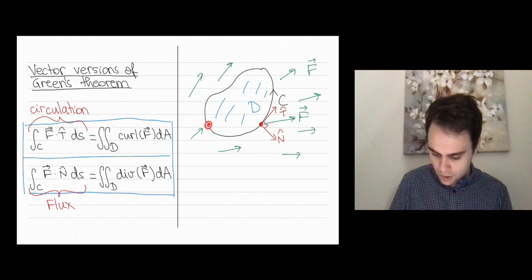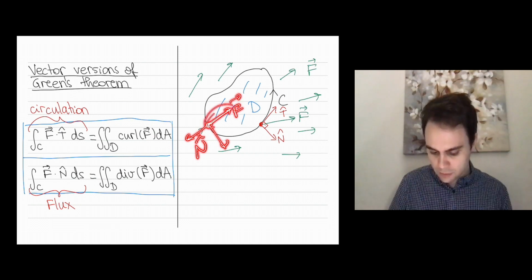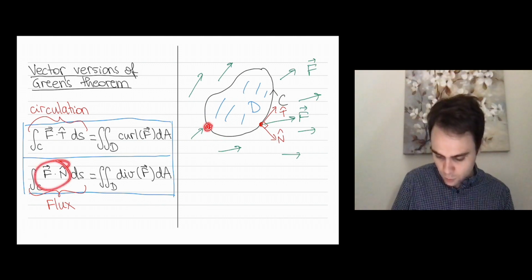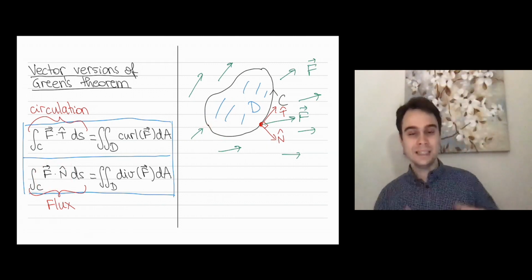Right here, the tangent would be this, the normal would be that, and the vector field would be here, and you see you get a negative number. So F dot N would give me a negative number when the fluid is entering.